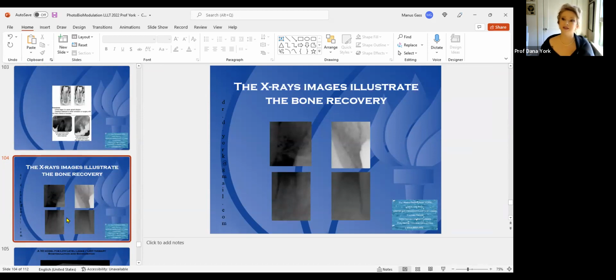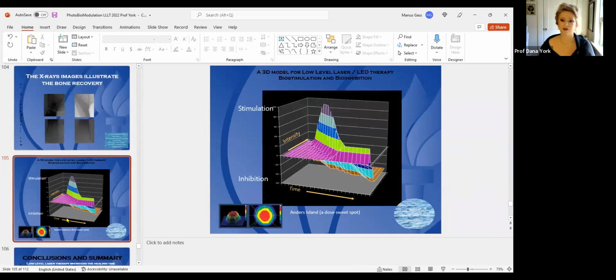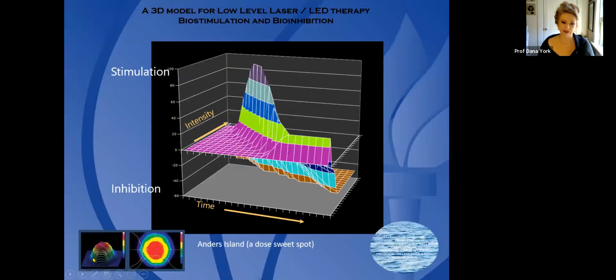We found other bone regeneration many times in many of our studies, and I show you again so you don't forget. There it is, the curve of treatment, and how we cause stimulation when we want to do this photobiomodulation to regenerate.